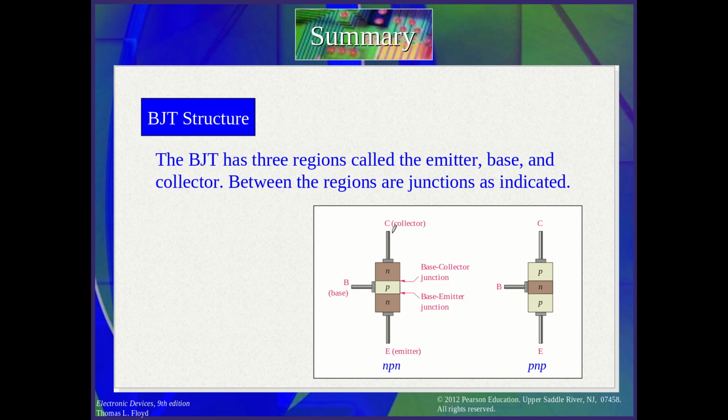We name it with a lowercase r and a prime, re prime. So this is the internal transistor resistance, and the external resistance we name RC, with a capital or lowercase letter according to AC or DC.